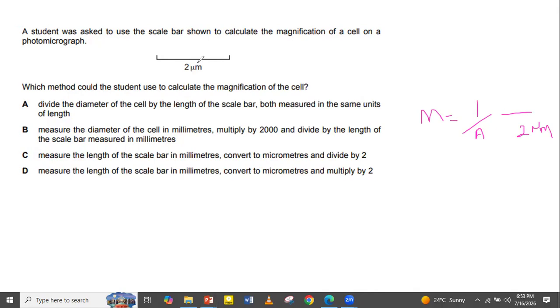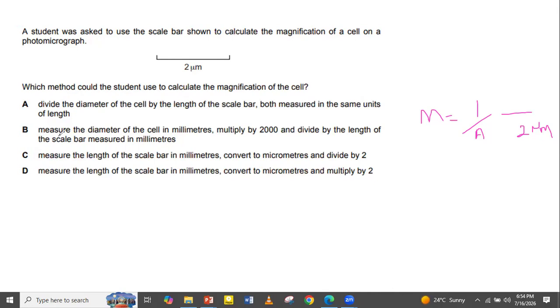Now let's look through the options given to us. Option A, divide the diameter of the cell by the length of the scale bar, both measured in the same units of length. Not really. We do not have the diameter of the cell here.